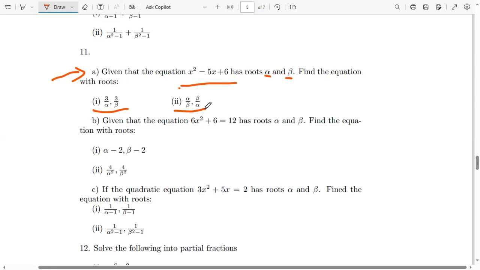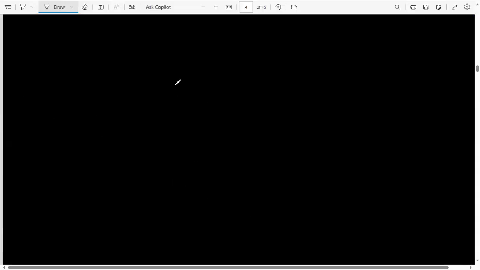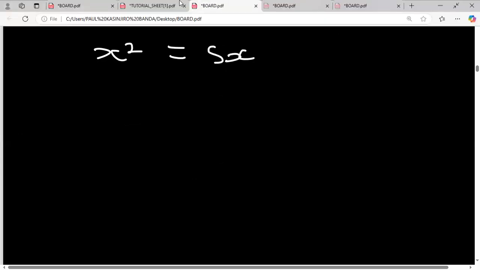The first thing, guys, is always to find the value of alpha plus beta and alpha multiplied by beta. So let's get this equation here. We are going to say x squared is equal to 5x plus 6.